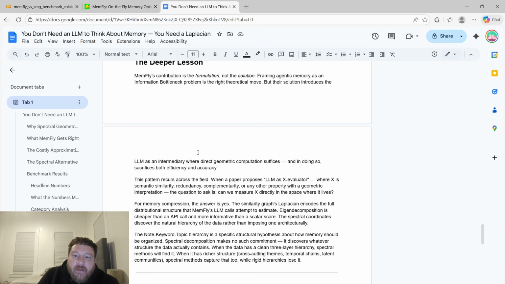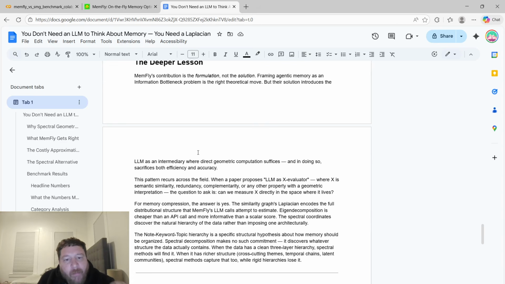The similarity graph's Laplacian encodes the full distributional structure that MemFly's LLM calls attempt to estimate. Eigen decomposition is cheaper than an API call and more informative than a scalar score. The spectral coordinates discover the natural history of the data rather than imposing one architecturally.